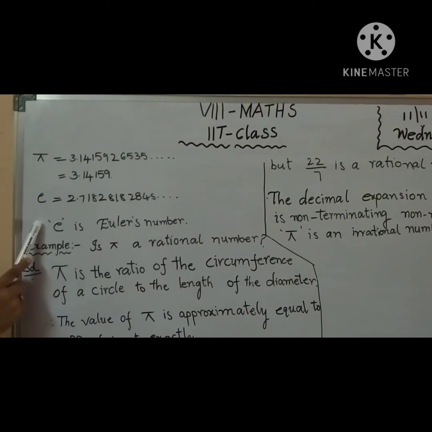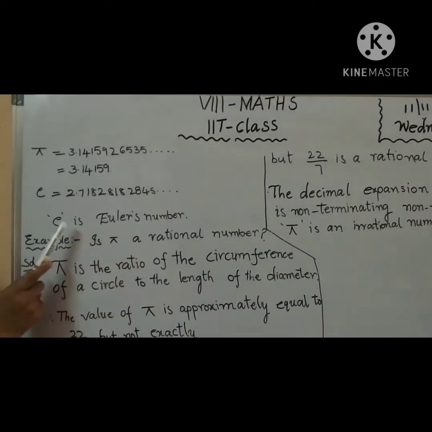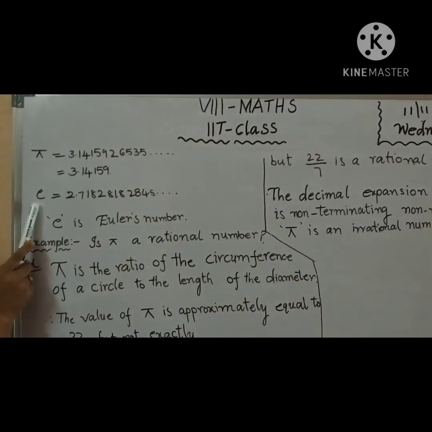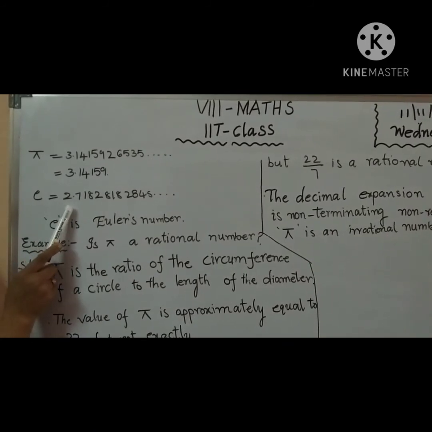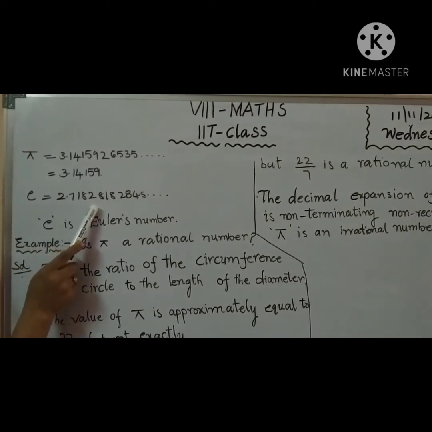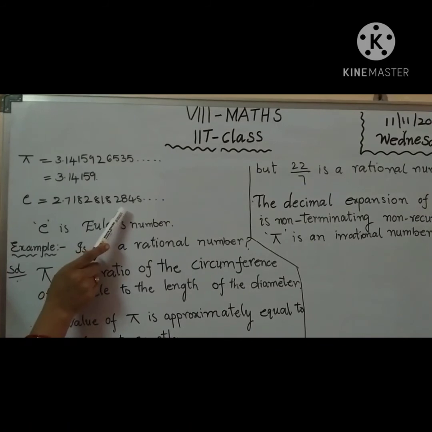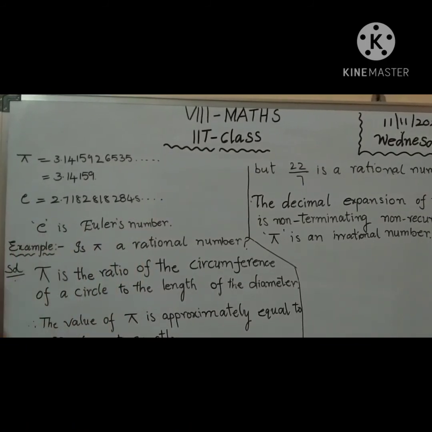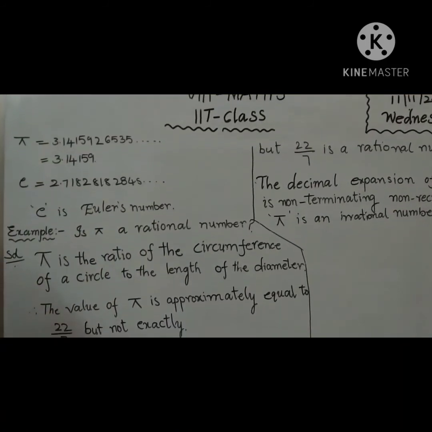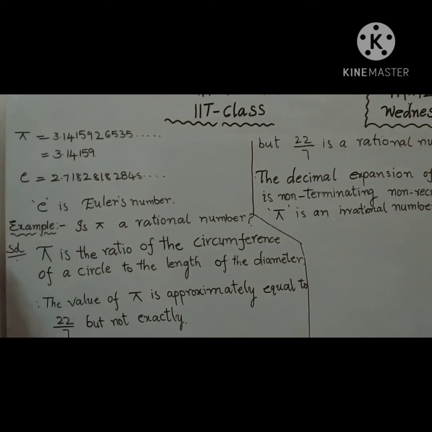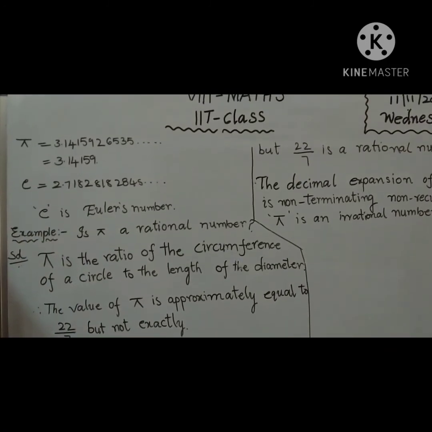So here e means Euler's number. The value of e equal to 2.718281828845. So the e value lies between 2 and 3.